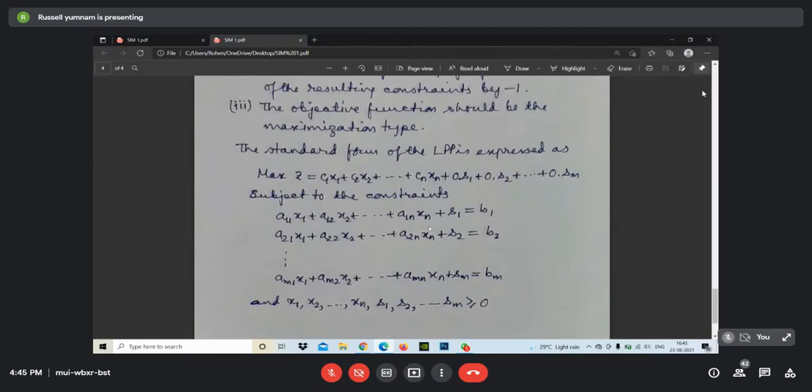And one more thing: while starting with the simplex method, you have to try to understand it very carefully. There are multiple steps, and those steps you have to remember.